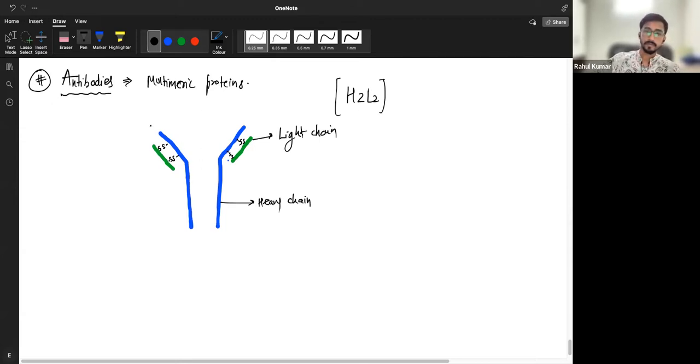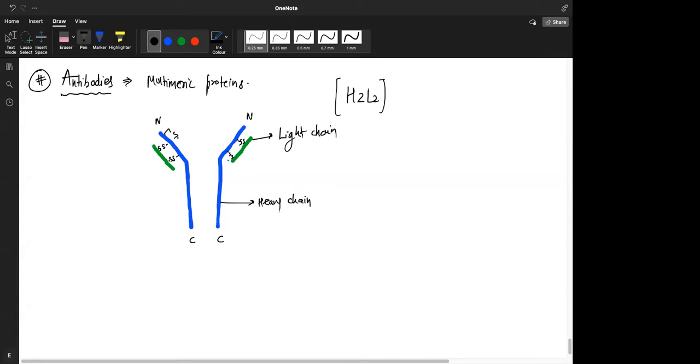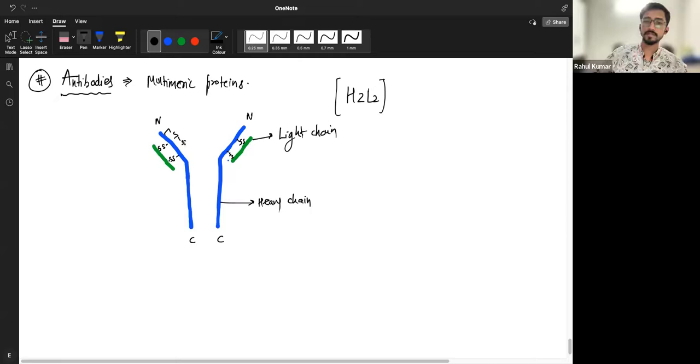Yeah. And this side is the N terminal and this is the C terminal. In every protein, just like remember about DNA, there is a 5' end and there is a 3' end. Remember? Yes, sir. So for proteins, there is a C terminal and an N terminal.